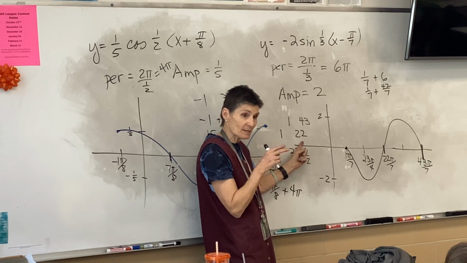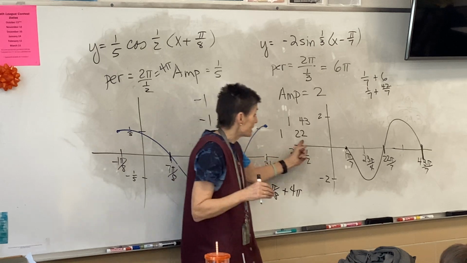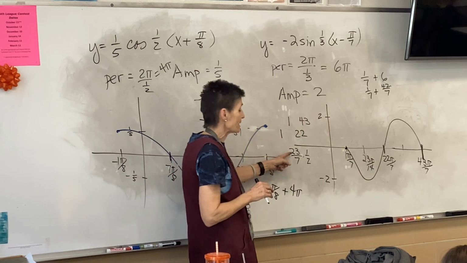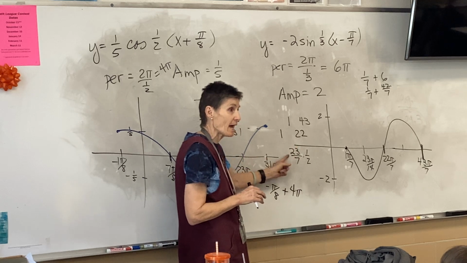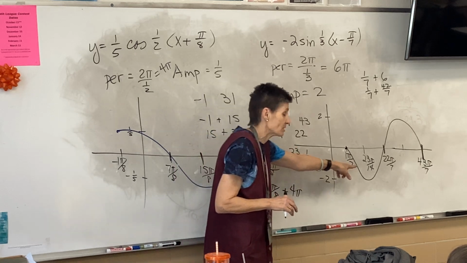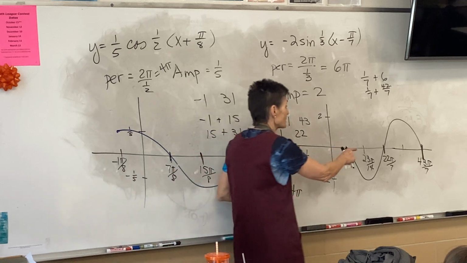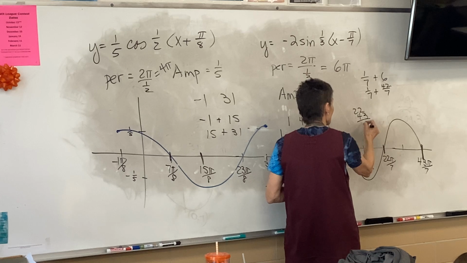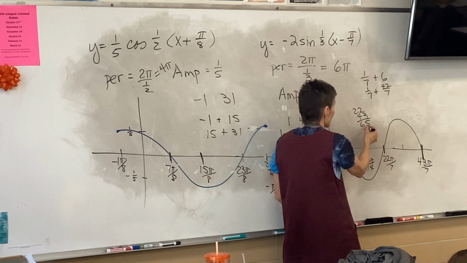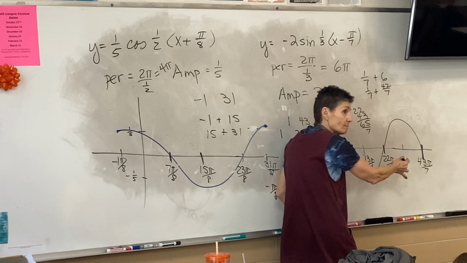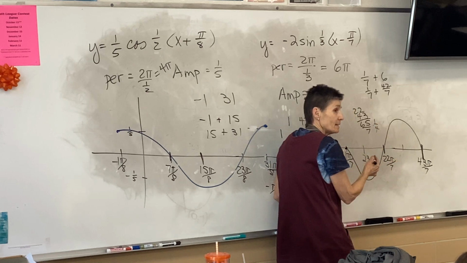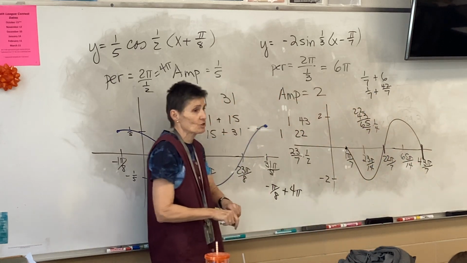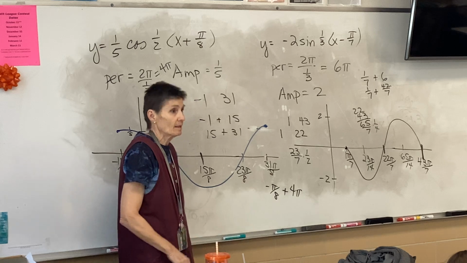If you tried to divide by 2, you'd have a decimal in your fraction, and we don't want that. So instead, we'll take that 23/7 and cut it in half and make it 23/14. We're going to do the same thing here, because 22 and 43 make 65. So that's 65/7, and half of it would be 65/14. That's a lot.